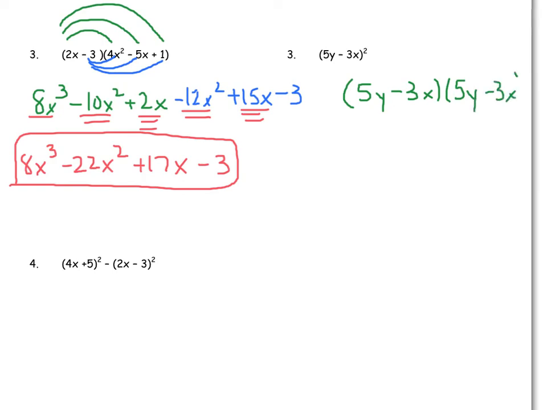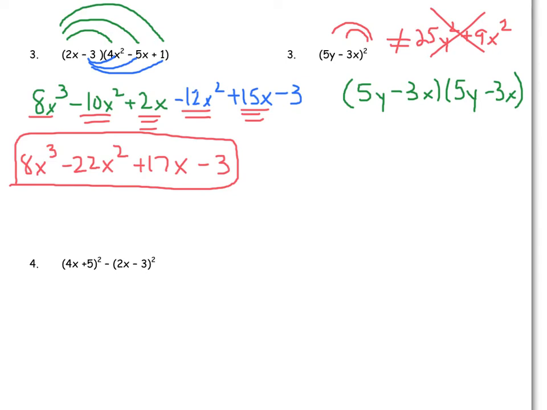Mistakes are made when people look at it and they think they're going to do a shortcut or do it quickly and just do each of the terms to the second power and square it. So that does not come out to be 25y squared plus 9x squared. Alright, you do not get two terms when you square a binomial. You'll get a great big X on your paper and a great big no and get it marked wrong.